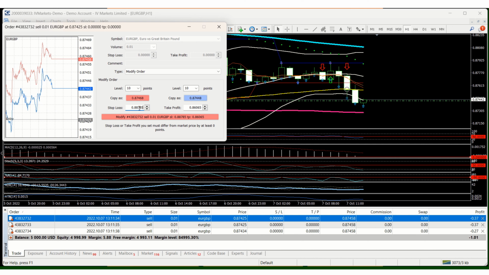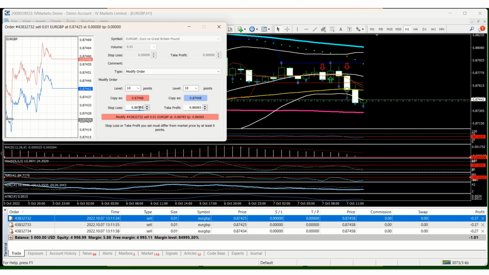Now coming to the next one, this will be based on one hour. If I take it for an hour, I should target 0.0014 only. As I've taken a sell position, the price at which I sold it was 0.87425. It was at the same time when I took my above position.